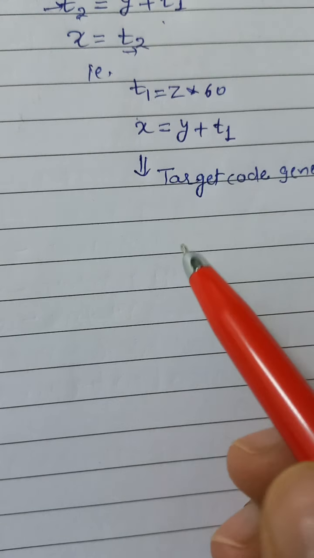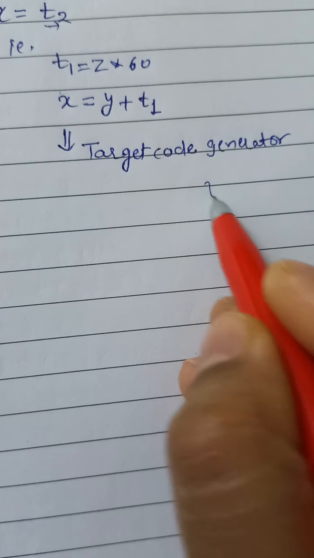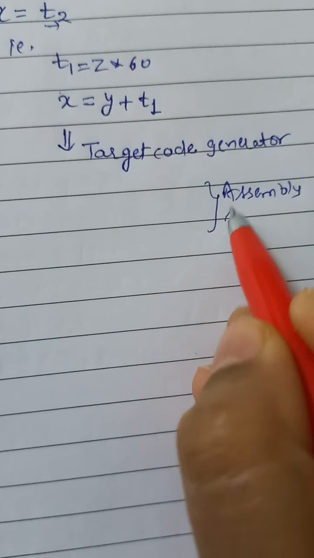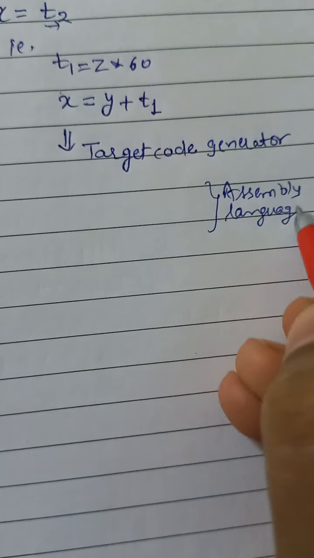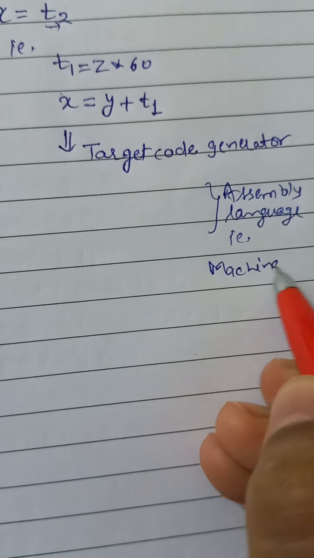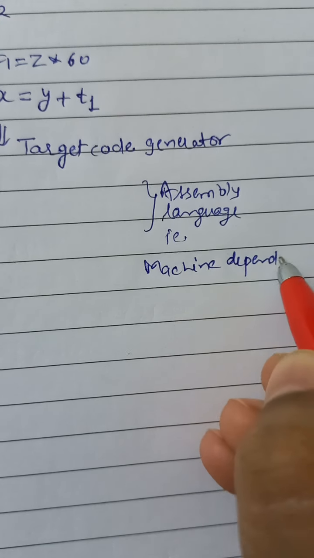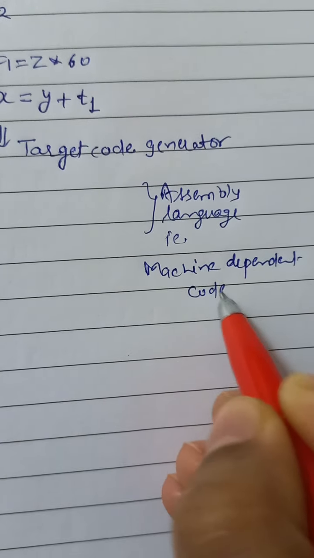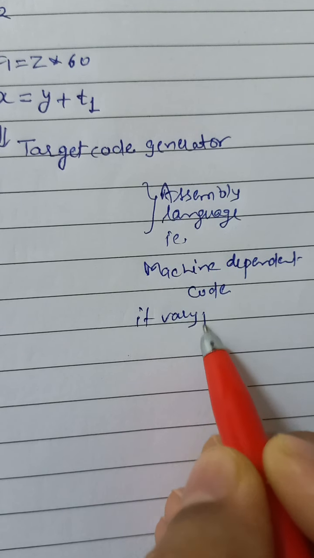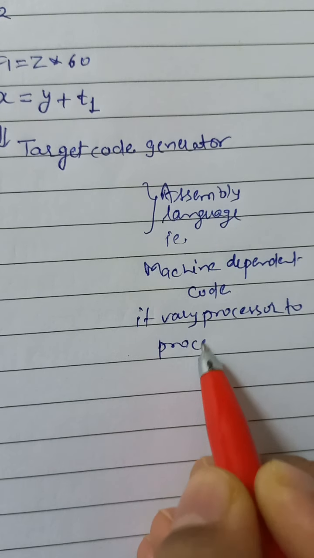So the target code generator basically works on assembly language, or we can say the code is machine dependent code. So it varies from processor to processor.